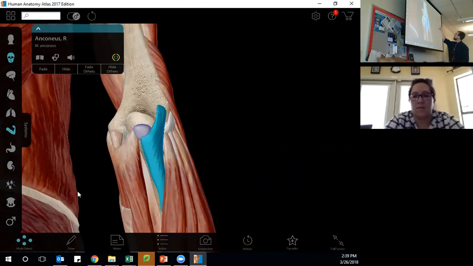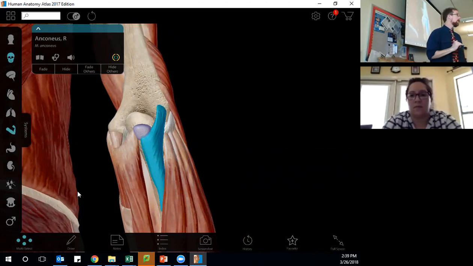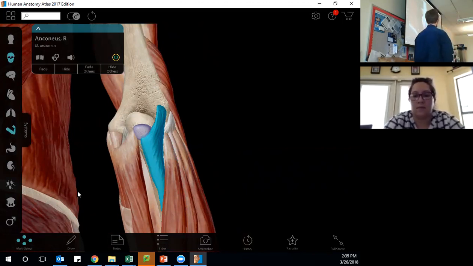As it goes from the humerus down to the ulna, it's going to rotate and help stabilize that ulna as we go through flexion extension. Does it have a line of pull to assist in extension? Probably, yes. But I think it's much more related to a stabilizing, supporting role than a primary extender.